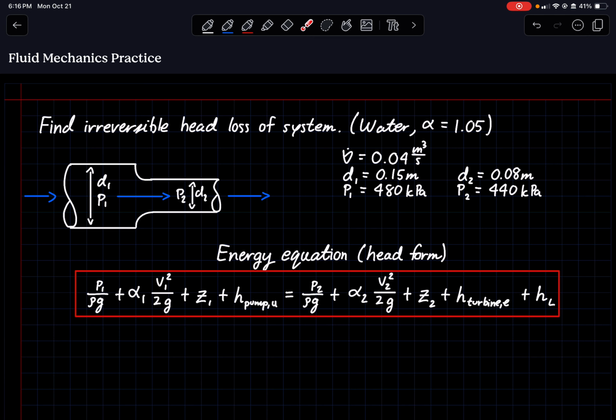So how I like to approach any of these problems is going through the equation one term at a time and seeing what we actually need. And as we go through, I will explain what each one of them does.